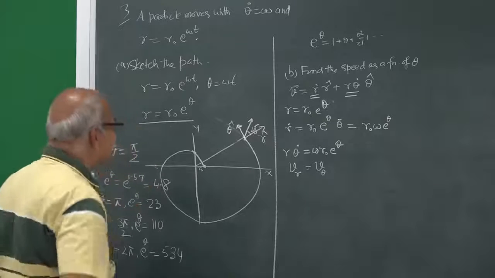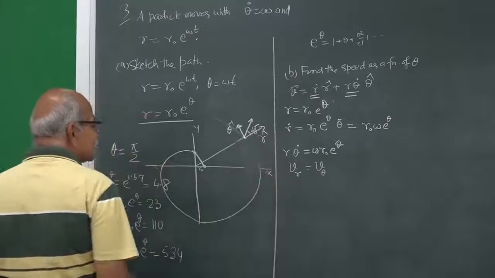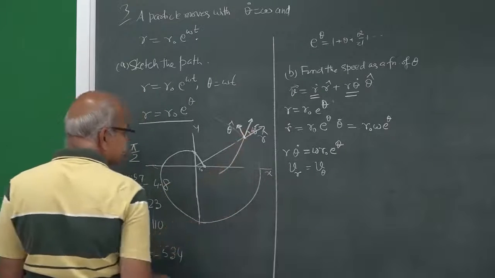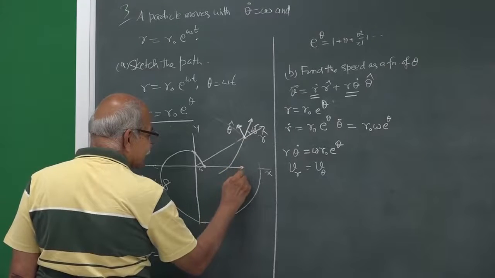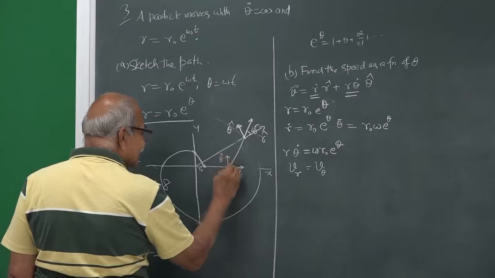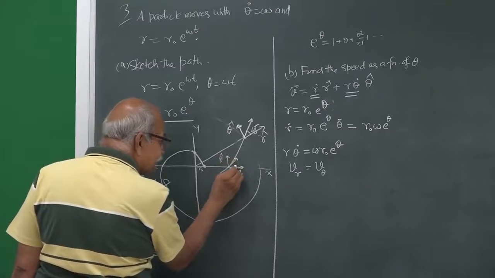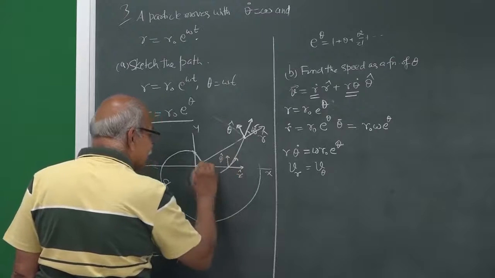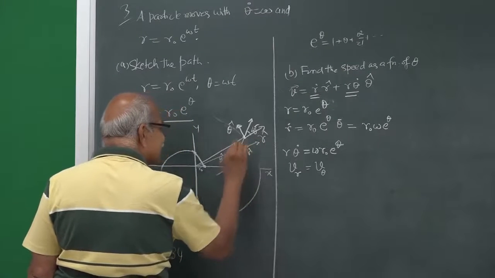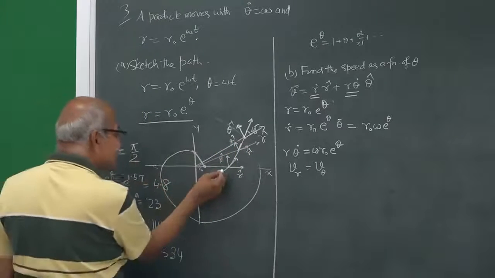The velocity should be 45 degree to the radial direction and 45 degree to the tangential direction. Here this is radial direction r cap, this is tangential direction theta cap, and the actual velocity should be in between, at equal angle from r cap and theta cap everywhere. So, it should go like this.